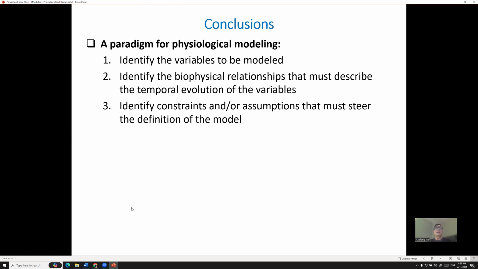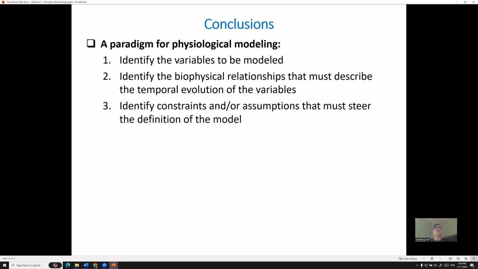With that, I conclude the math part of this bioreactor model, and we can make some conclusions in terms of how this can inform us to build and analyze physiological models.